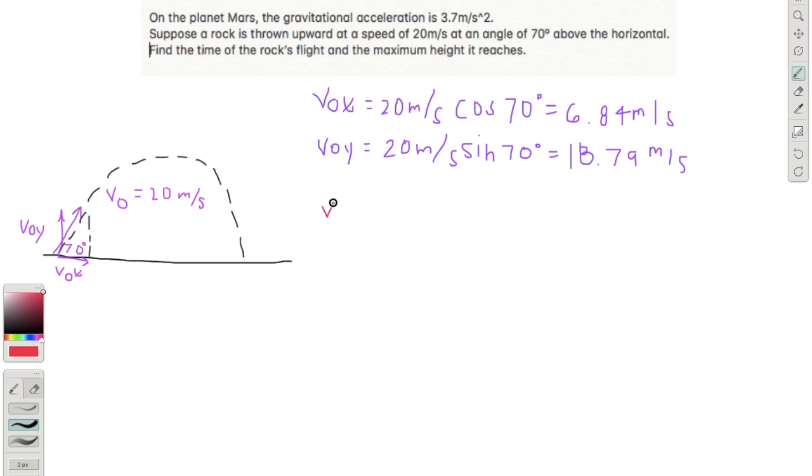So now let's deal with just the vertical motion here. It is going to determine how high it goes and how much time it spends in the air.